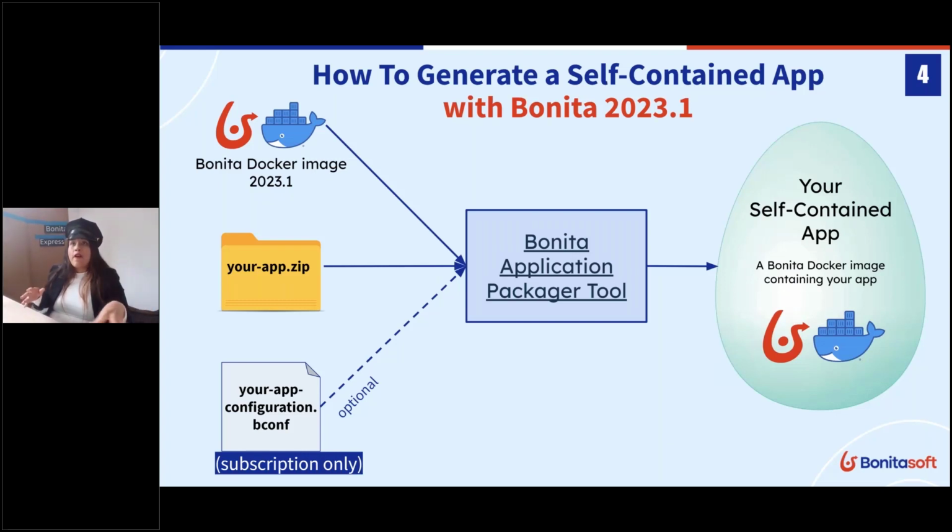This file contains your parameters that are linked to an environment. So the idea is that you have your application on one side, and on the other you have this file just containing your parameters. If you want to create a pre-production, you would use a different conf file than your production or your dev environment.